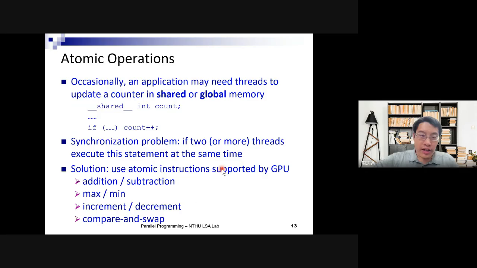All right, and the last thing we want to mention about execution is the atomic operation, because for most parallel programs, it's hard to avoid synchronization or shared data access.